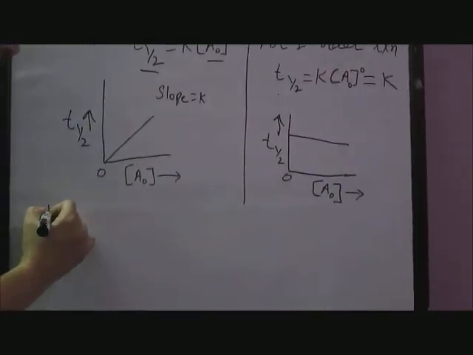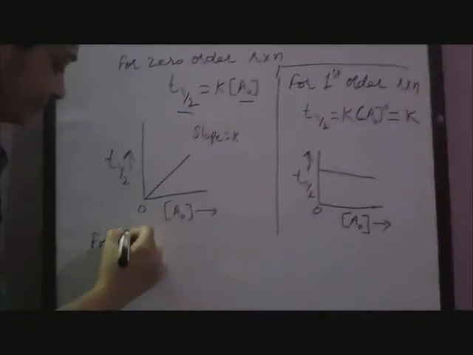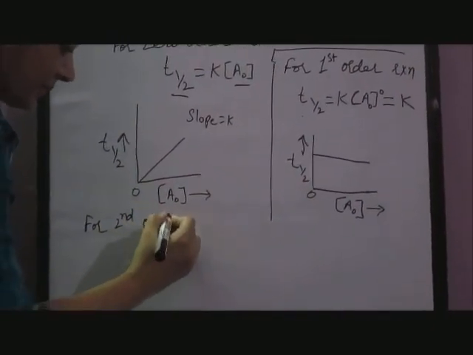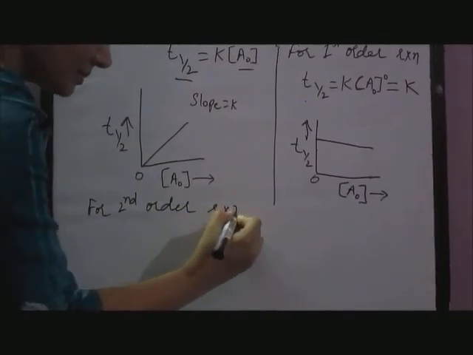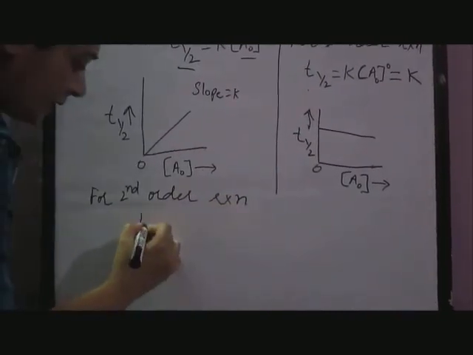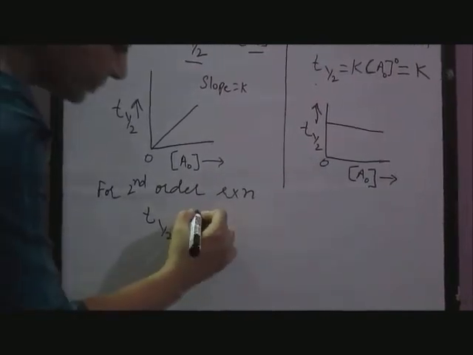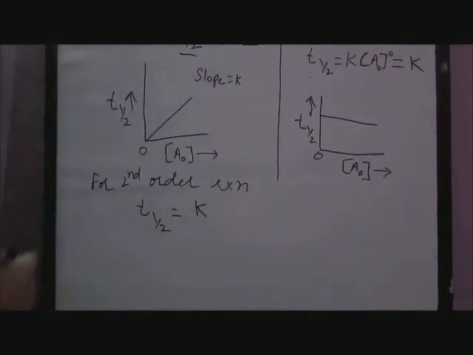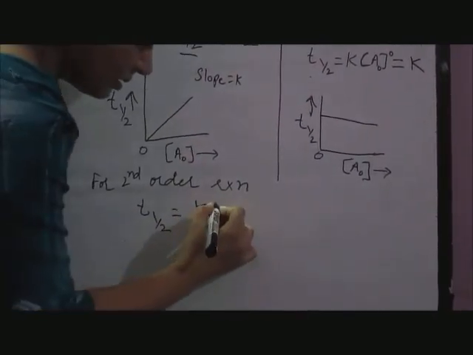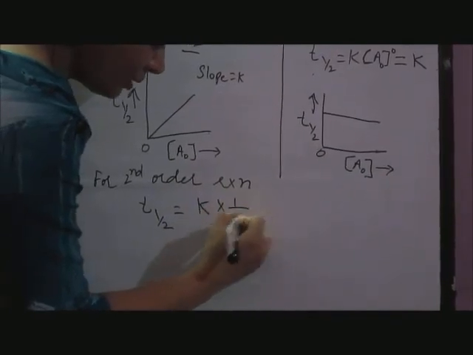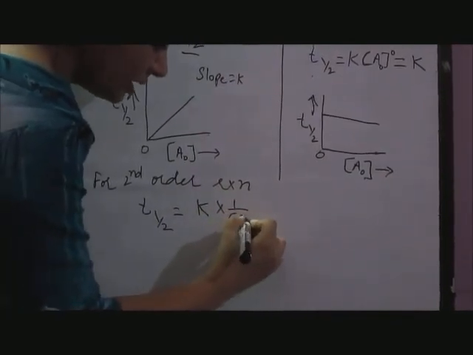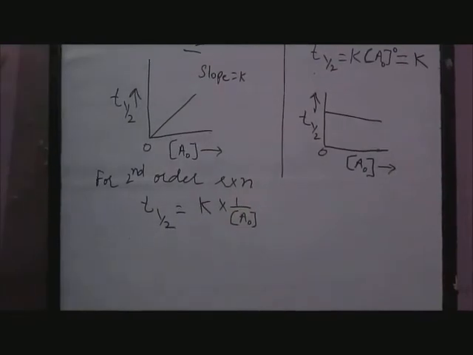For a second order reaction, t half is equal to K into 1 upon initial concentration.